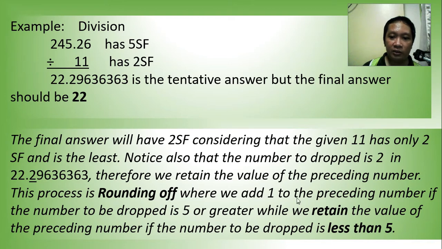We only add if the number to be dropped is 5 or greater, but in this case this is 2, therefore we retain the value of the preceding number and leaving us with a final answer 22. Okay, I hope it's clear to you how to express your final answer considering the number of significant figures.